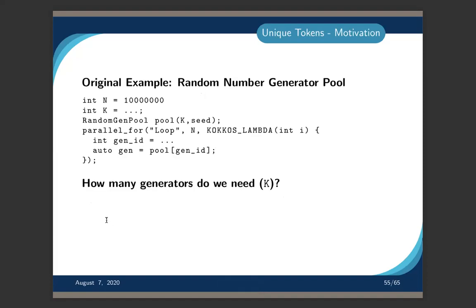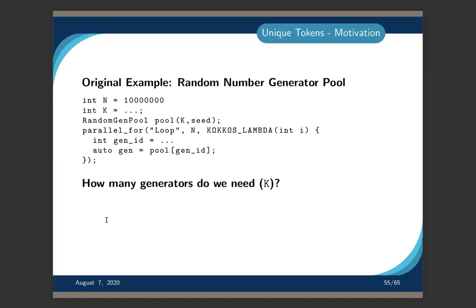One of the first real use cases we had for that, why we invented the whole thing, was something like this. We needed random numbers inside of loops, right? And you can't really share random number generators across multiple threads very efficiently. It would involve a lot of atomics.